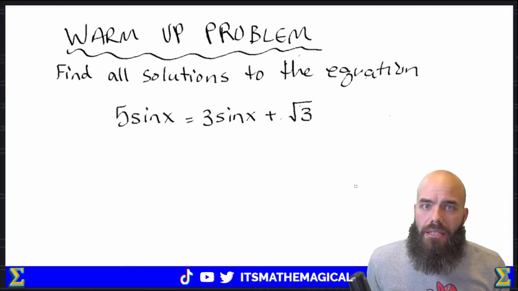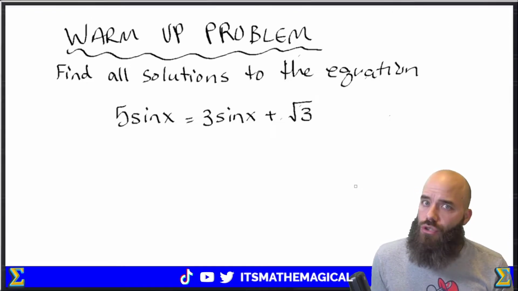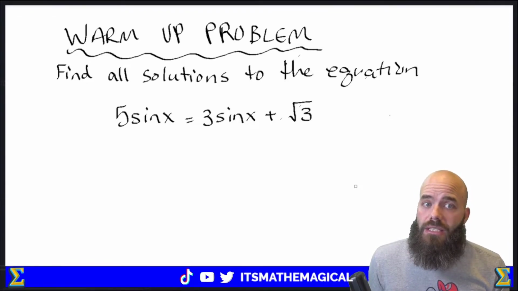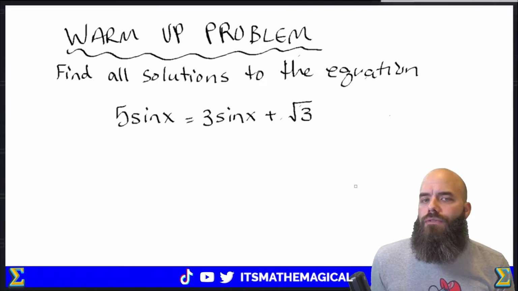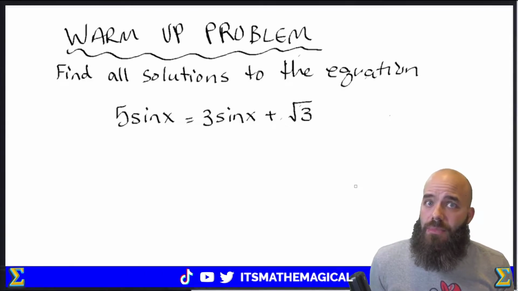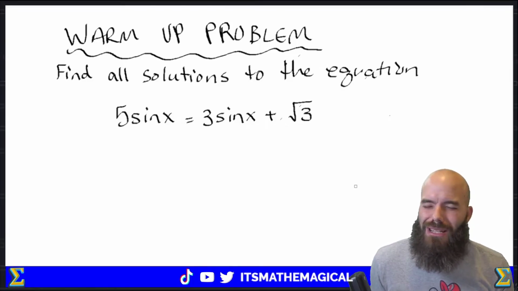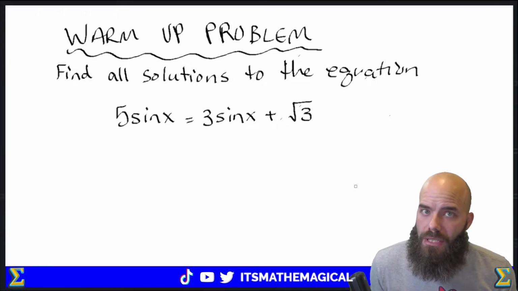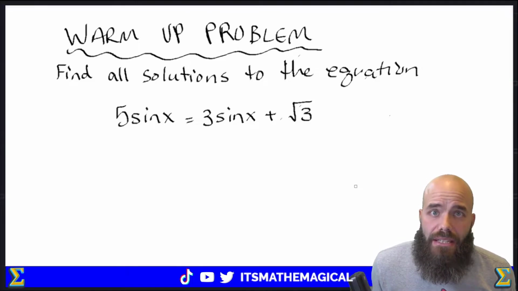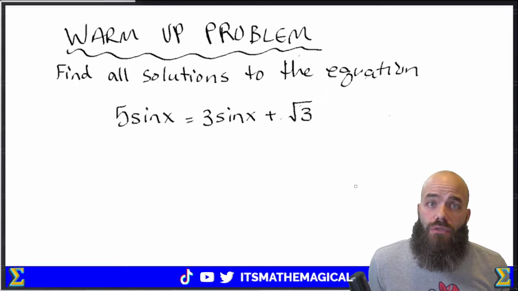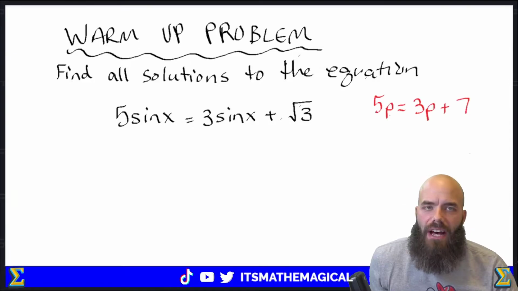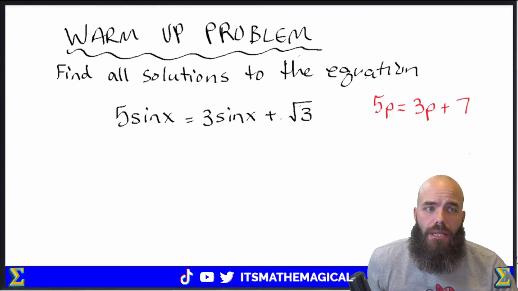What I mean by that is, instead of looking at this like a trig equation, 5 sine x is equal to 3 sine x plus the square root of 3, we want to just think of that sine x as being just any variable. So kind of think about substituting something in for that, maybe p. If you're asked to solve this equation, could you do it? 5p is equal to 3p plus 7.